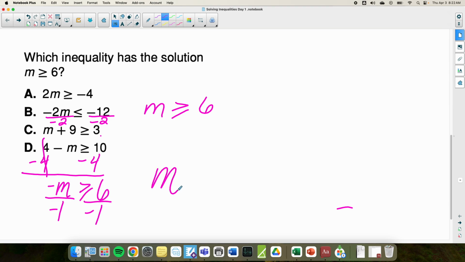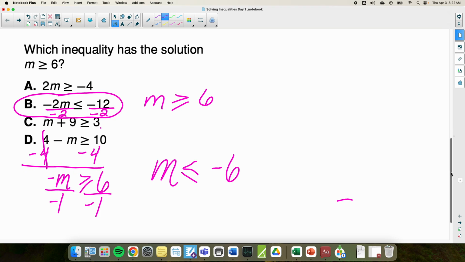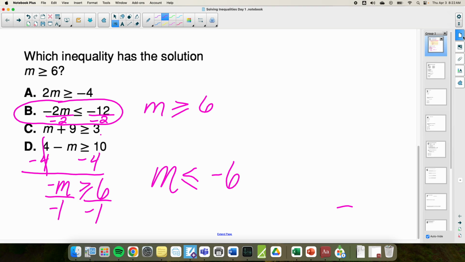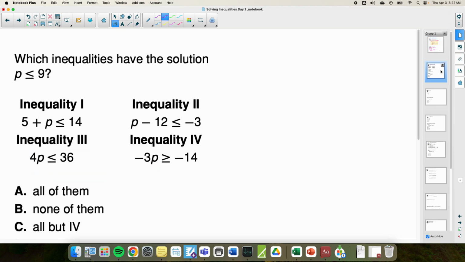And when I do that, m is less than or equal to -6. So it's not that one, okay? So it's obviously B then, right? Especially, like I've been telling you guys, you have time to go over problems. So I would make sure to check everything and just make sure you're right.